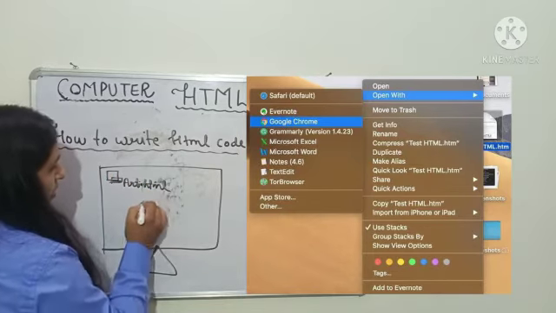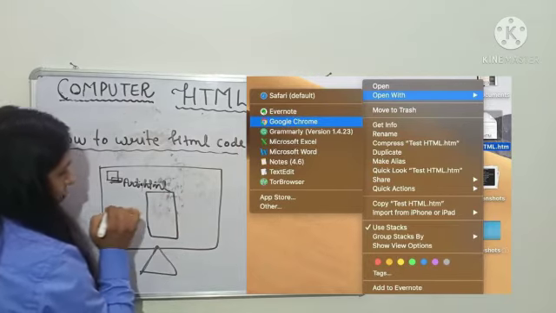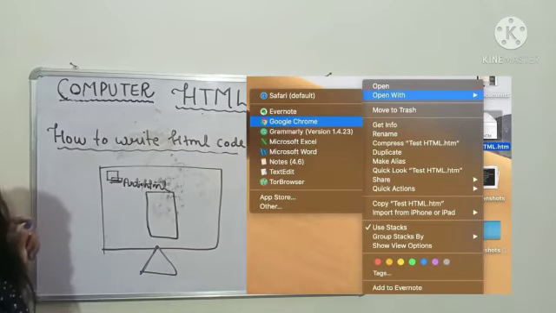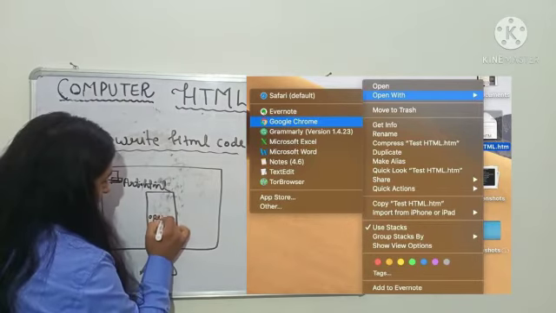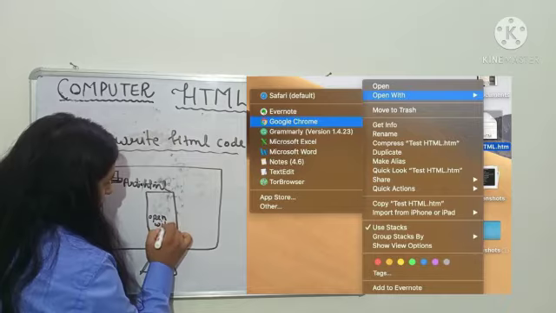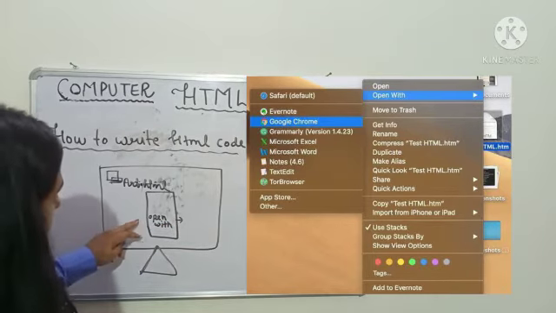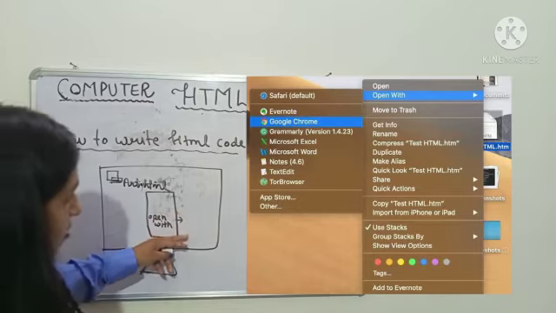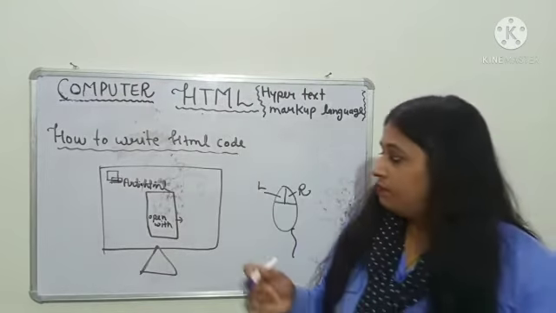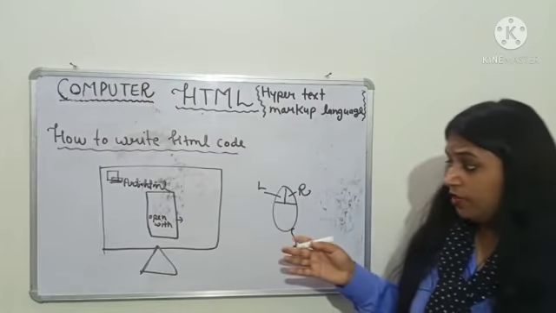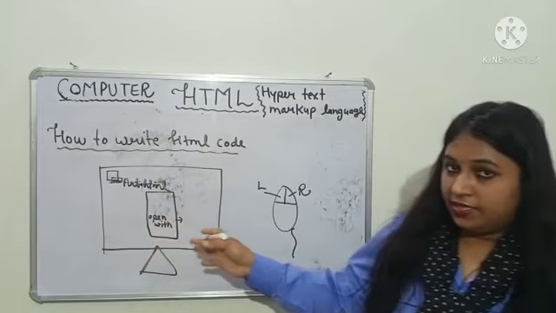Whenever you right click, a pop-up menu will appear in front of you, right? And here is one option, open with. You will click on open with, and a lot of browsers appear in front of you. If your computer has a lot of browsers, then all the browsers appear there.